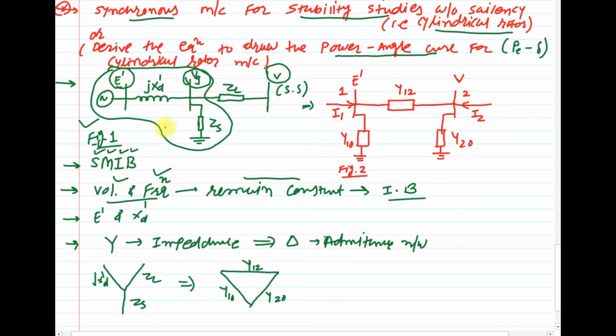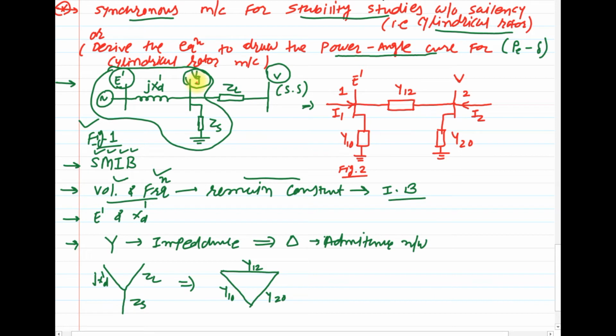For that we consider a single machine infinite bus system. Explain the concept of infinite bus, where the voltage and frequency remain constant. Here for the stability studies we have considered the machine transient voltage and transient reactance.